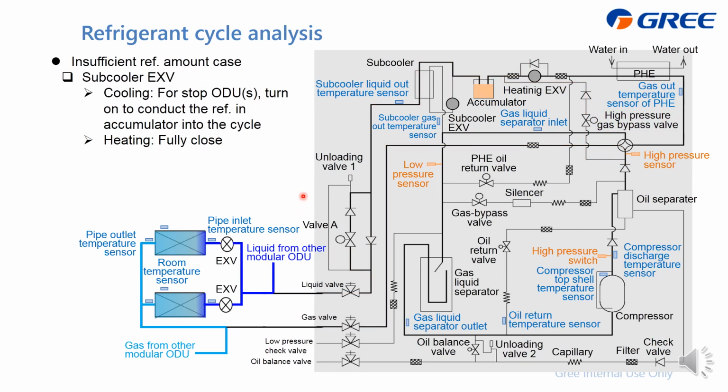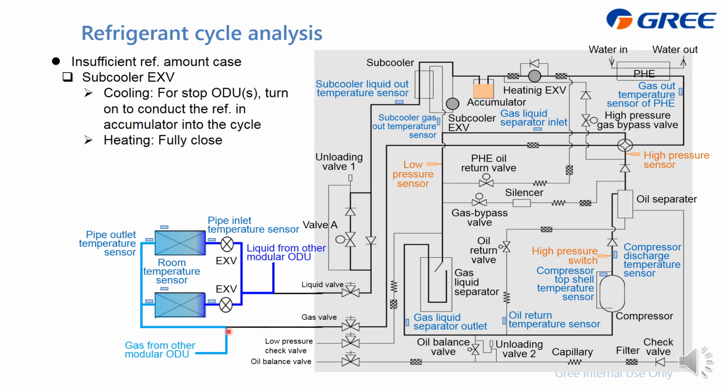And how about in cooling? In cooling, in this case we also need to apply the refrigerant inside the stopped outdoor unit, which is here. This outdoor unit is already stopped, and from the operating cycle we find that the refrigerant is not enough, so we need to use this one. This is how to use it.